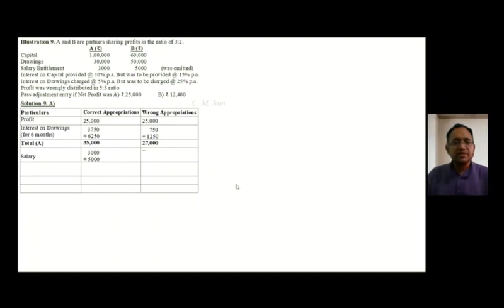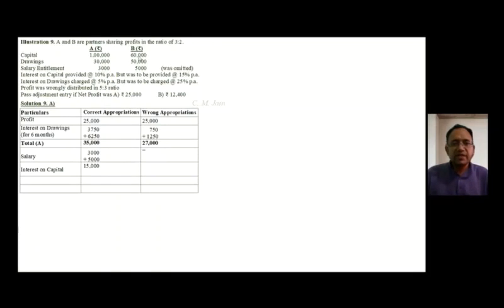The next appropriation is interest on capital. As per correct rate, it was to be provided at 15% per annum. And we know interest on capital is calculated on opening amount of capital, which is 1 lakh rupees in case of A. So 15% of 1 lakh, 15,000.